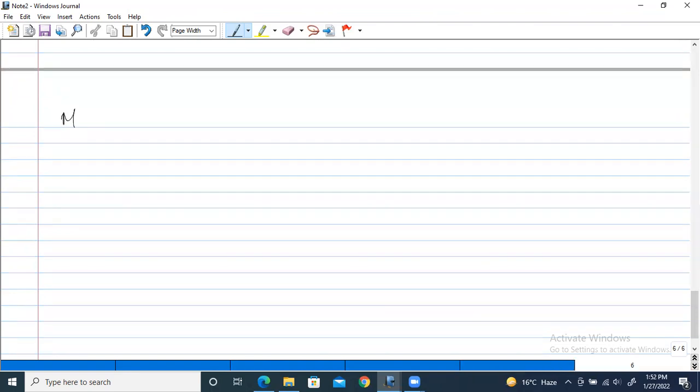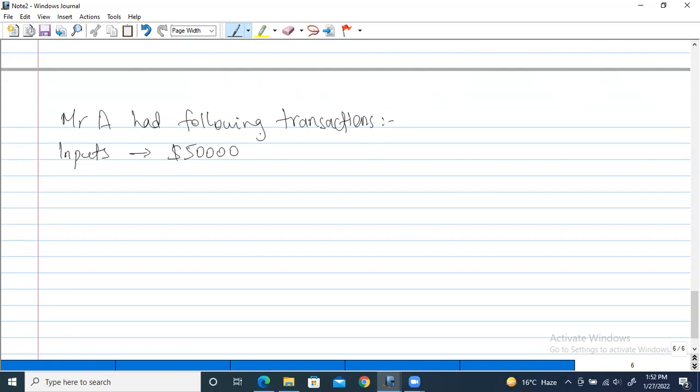Okay, so Mr. A had the following transactions. So he had the inputs. These were $50,000. And this is exclusive amount.